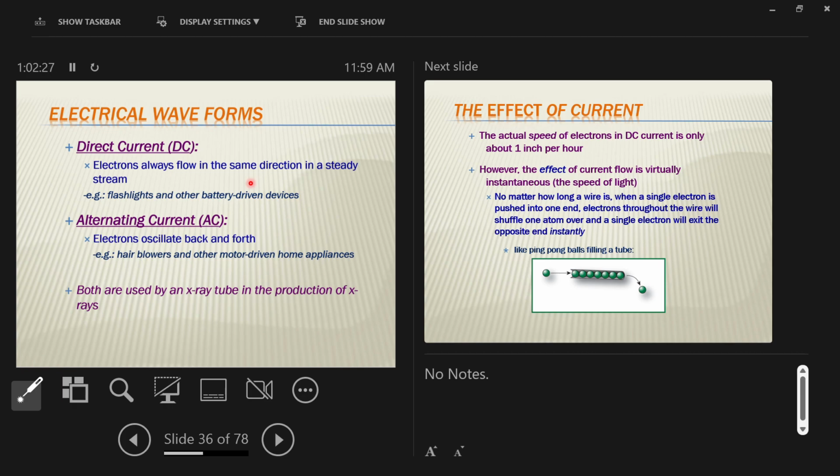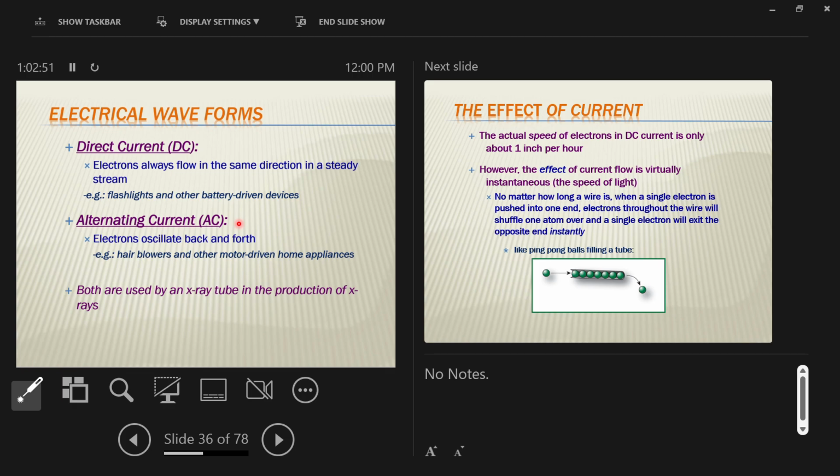Okay, so alternating current. Instead of sending the electrons, the electricity in only one direction and having to deal with all these resistance problems, right? Let's shake the whole thing back and forth. Let's move the electrons back and forth, right?